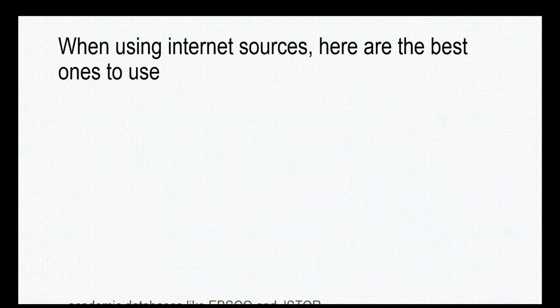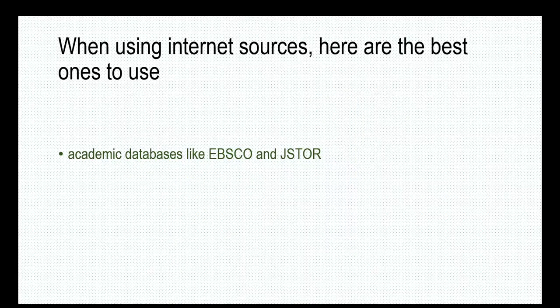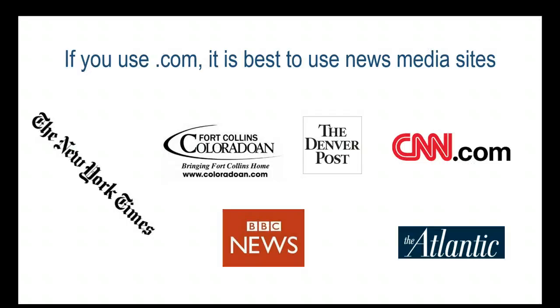So when using internet sources, the best ones to use are the academic databases that you have access to, .edu sites, which are websites of universities, .gov sites, government, and .org sites, organizations, usually nonprofits. If you do use .com sites, you're probably going to want to use the news media sites, like these.